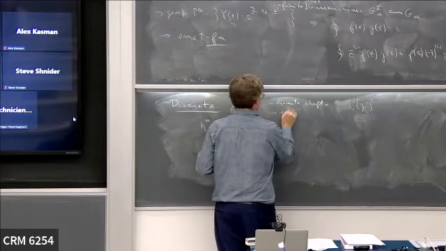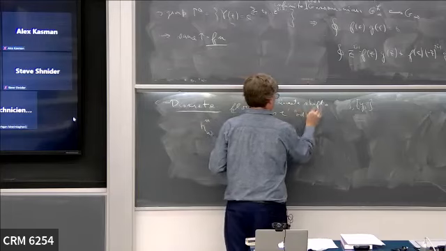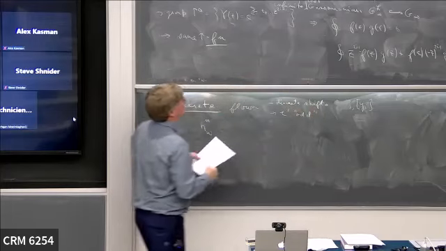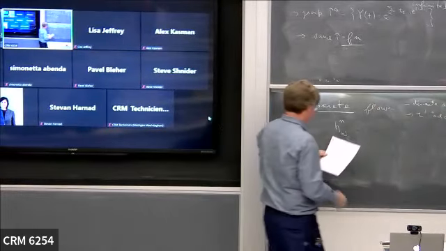I'm taking the flows just to be the odd ones. In other words, only those corresponding to the gamma zero up there.